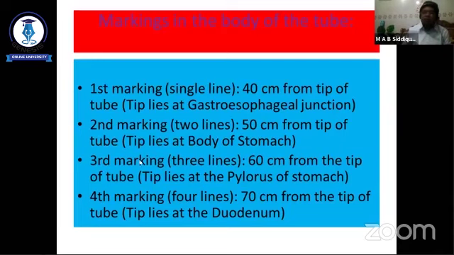But for suction purpose, you must reach up to the pylorus, because if you only reach the esophageal junction or the body, you cannot suck out the content retained within the pylorus. So in case of NG suction, you introduce 10 centimeter more than for feeding purpose.